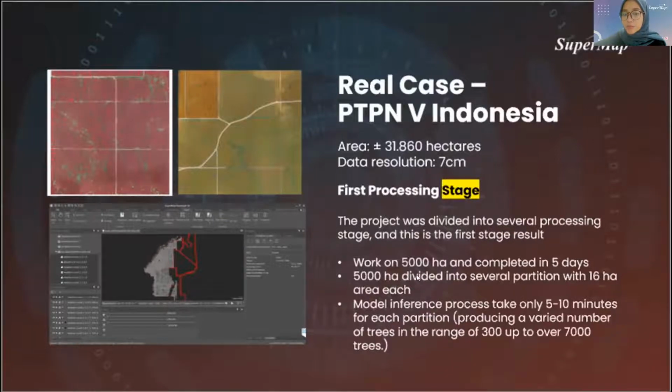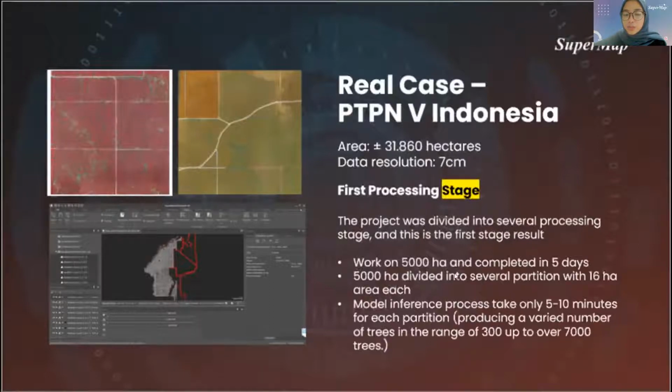And that 5,000 hectares was divided into several partitions with 16 hectares each. And we ran the model inference process in only 5 to 10 minutes for each partition, producing a varied number of trees in the range of 300 up to over 7,000 trees in one 16-hectare partition.